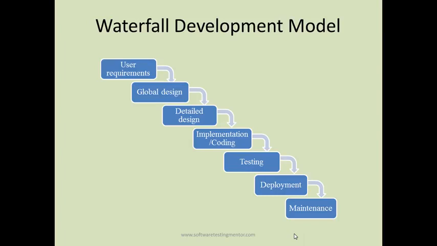So all those high level design details were being captured in the global design phase. So high level design document was being developed, sent to stakeholders. Once design has been frozen, has been approved, then you move into the next phase, that is the detailed design phase.